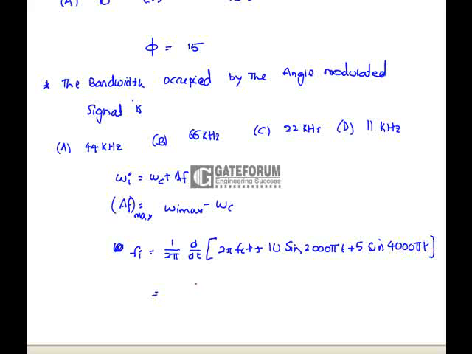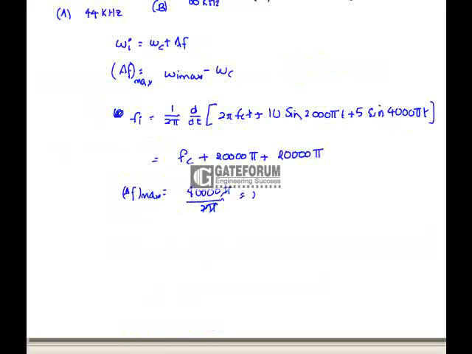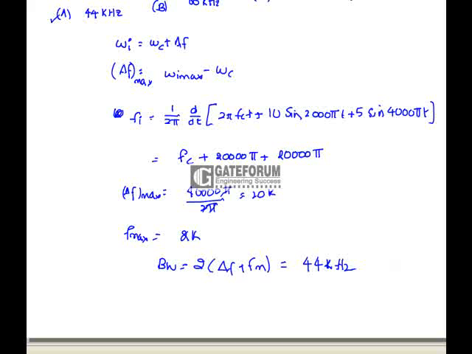Now if we differentiate, we will get fc plus 20,000 pi plus 20,000 pi. So delta f max is nothing but 40,000 pi divided by 2 pi, which is 20k. So fm is nothing but 2k. So bandwidth is nothing but 2 into delta f plus fm, that is 44 kilohertz. That is option A is correct.